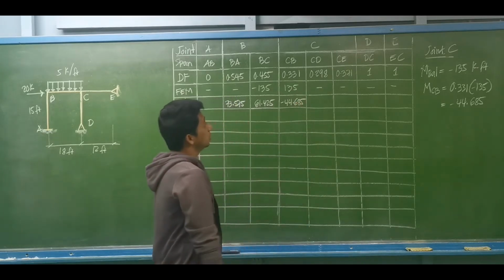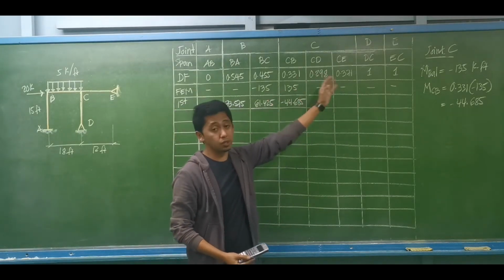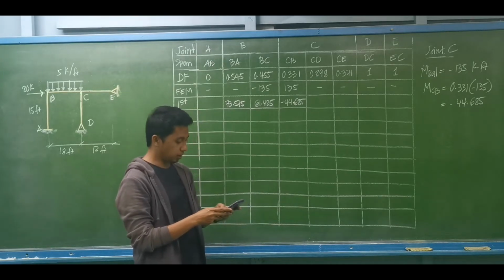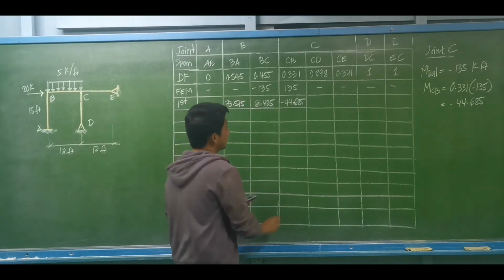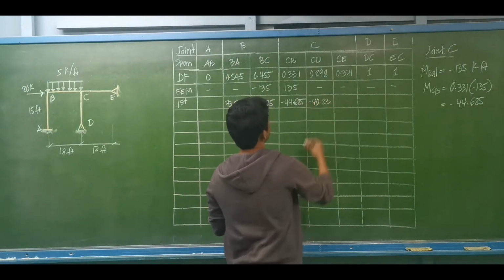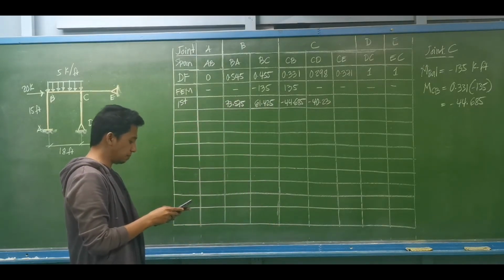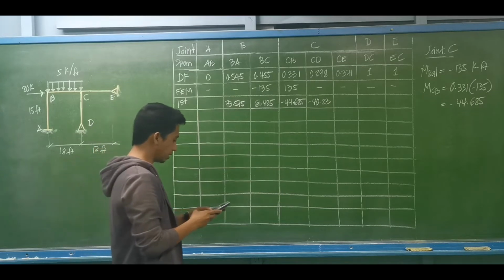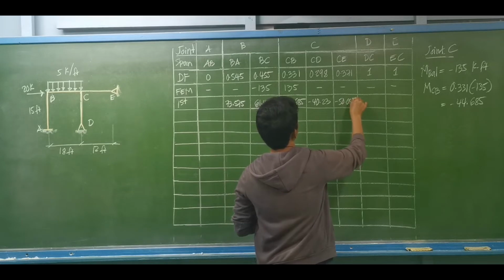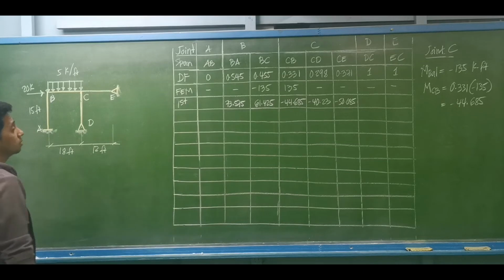Then we do the same, multiplying the balancing moment by the distribution factors. So we have negative 135 multiplied by 0.298, which is negative 40.23. Then for the last span, negative 135 multiplied by 0.371, and that is negative 50.085. Okay, so that is our first distribution.